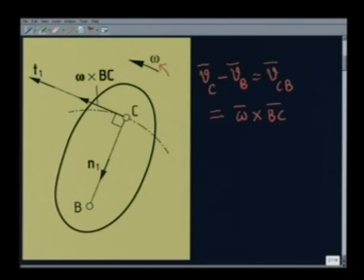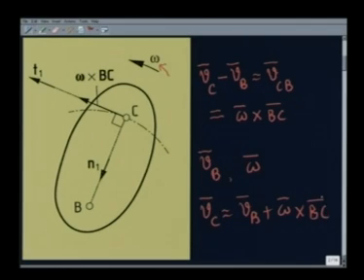At this stage, we should note that if we know the velocity of any point, namely VB, which is a 2-dimensional vector, that is 2 components of VB, and the vector omega, that is the angular velocity of the rigid body, then I can determine the velocity of any other point, namely C, using this relation, that is Vc can be obtained from Vb plus omega cross BC.